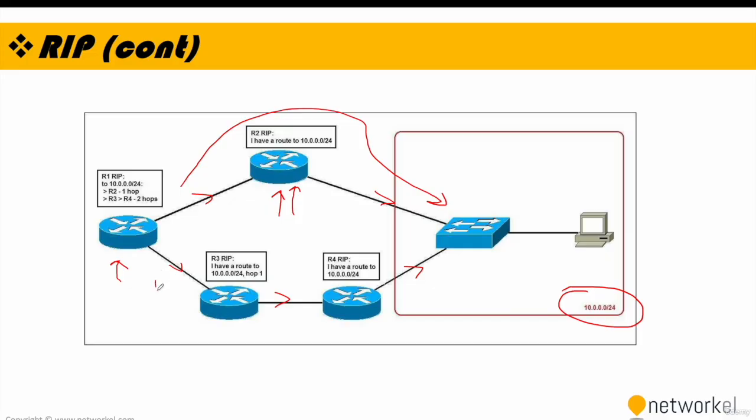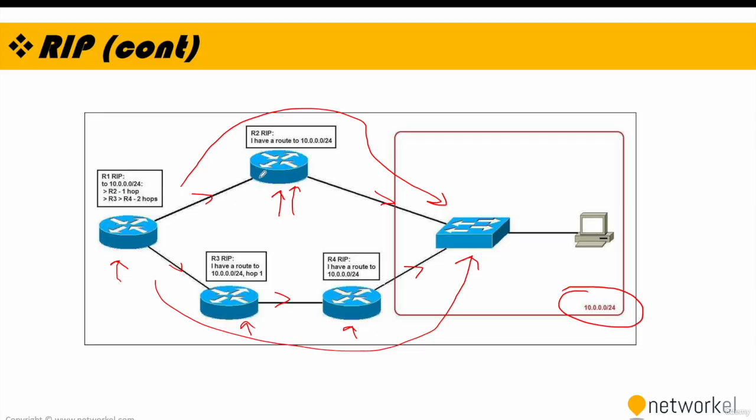On the other hand, this path is a worse path compared to the one above for RIP protocol. Why? Because we have two hops to reach my destination for the below path, right? So RIP metric is the hop count, but keep in mind that does not really make sense.